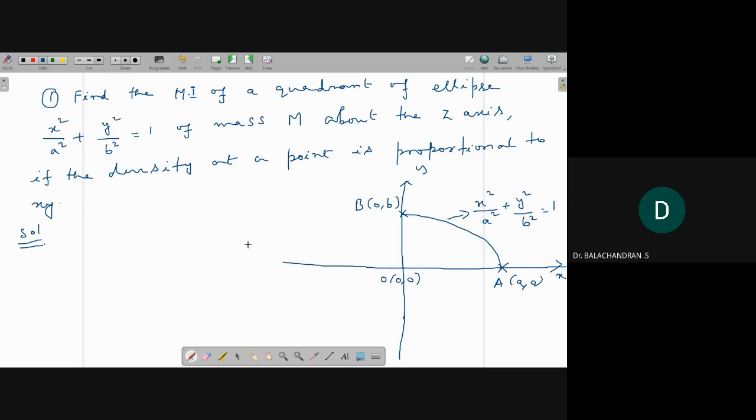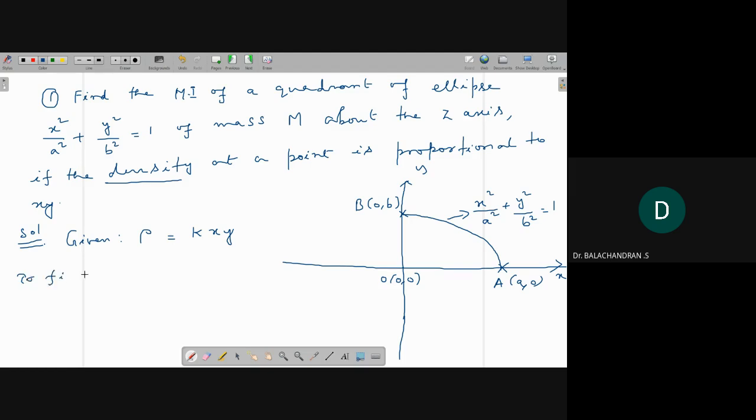What is given in the question? Density rho is given, rho is proportional to xy, so that's why I'll take rho is equal to k into xy. And then to find what?